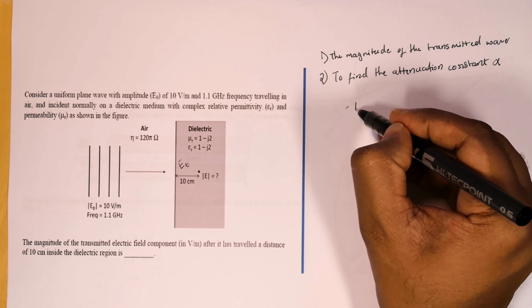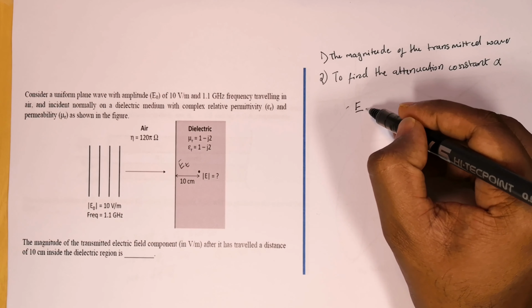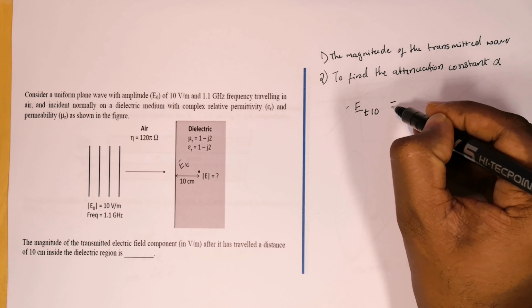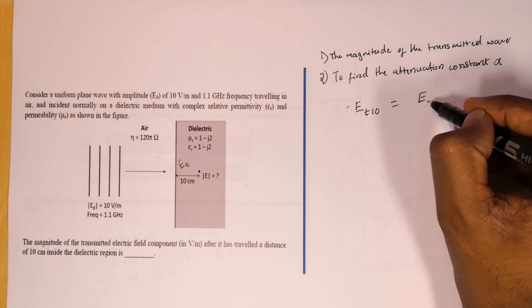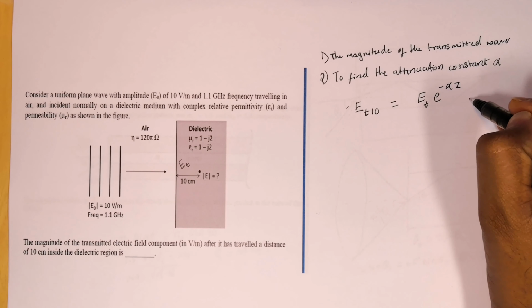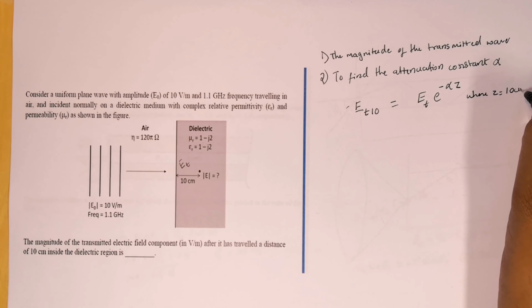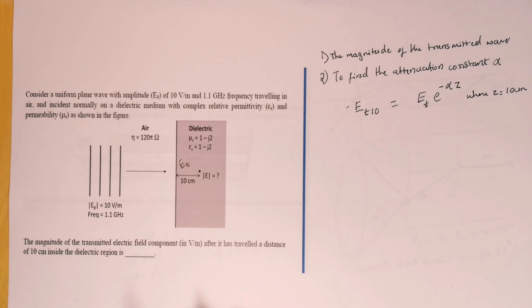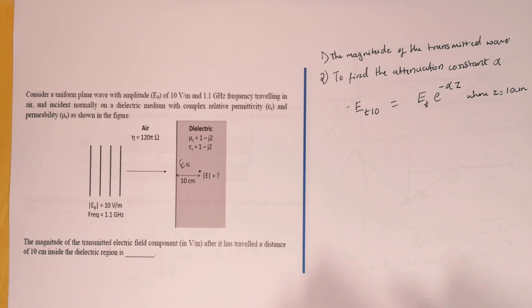The electric field at 10 centimeters inside the dielectric medium, we call it ET10, would be the electric field which is transmitted, ET, times exponential minus alpha z, where z is 10 centimeters, which is given in the problem. Now it looks quite straightforward, but still you have to remember quite a bit of formulas.